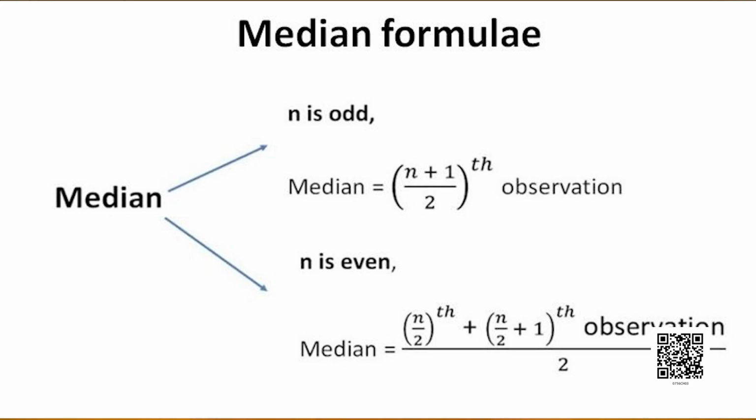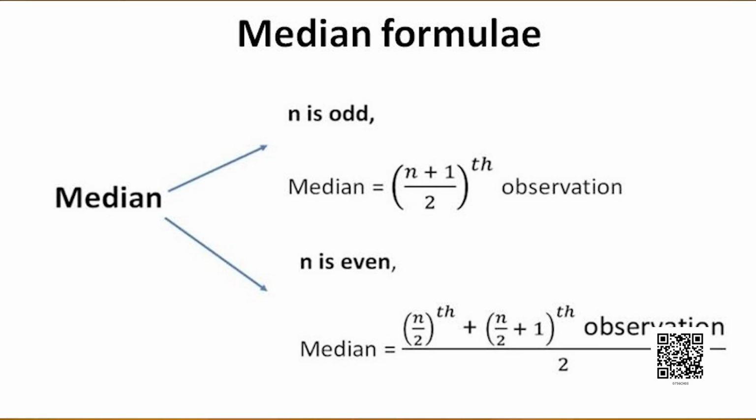This is n by 2th observation plus (n by 2 plus 1)th observation, and when you add both these observations, then divide by 2. So this formula will give you the median for an even number of observations.